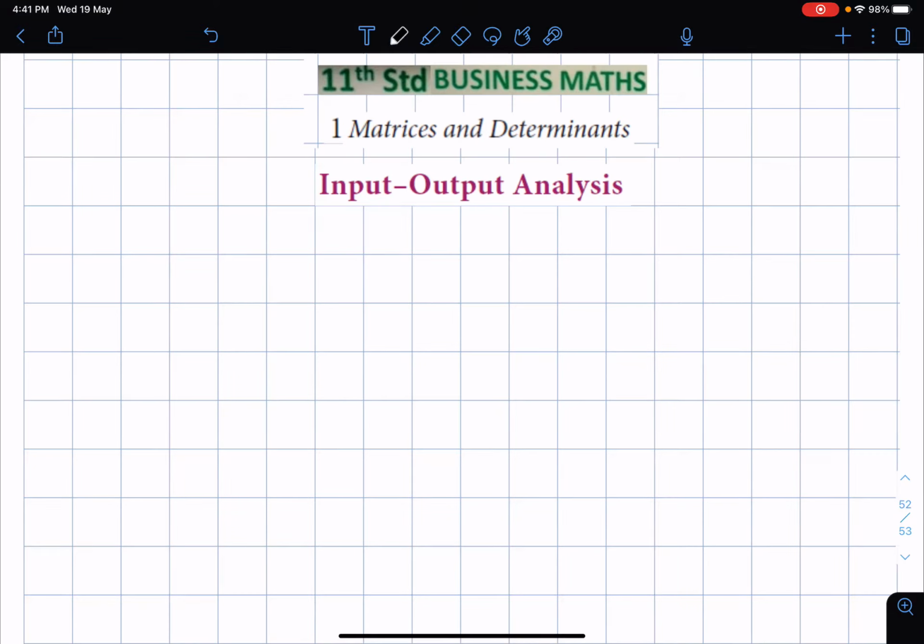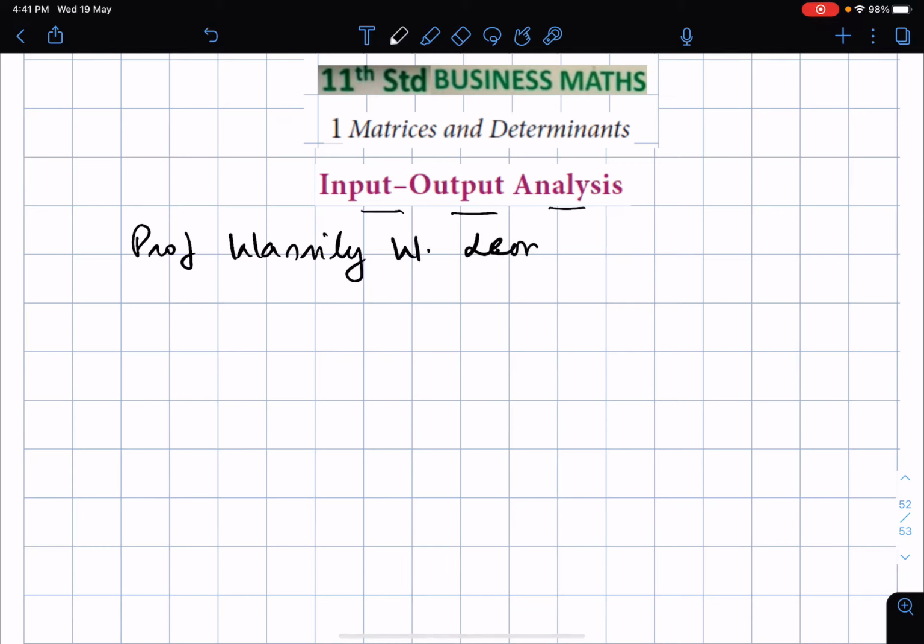Today we are going to see about input output analysis. This technique was invented by Professor Vasily W. Leontief. What is this technique?